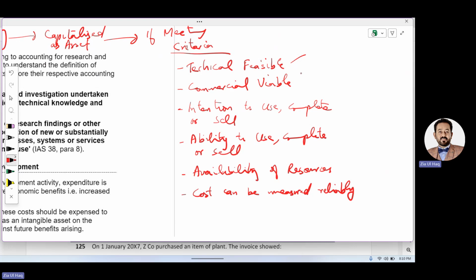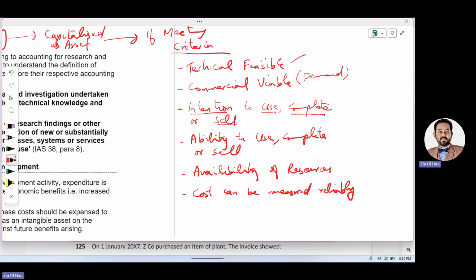Commercial viability means demand in the market, that the product we are going to produce has demand in the market. Yes, corona is there, so the vaccine will be demanded in the market. If there is no demand, this means we will not be able to sell the product. It will not generate any revenues, and will be expensed. And it is the management's intention that they can use this formula, or they can complete a product, or they can sell products.